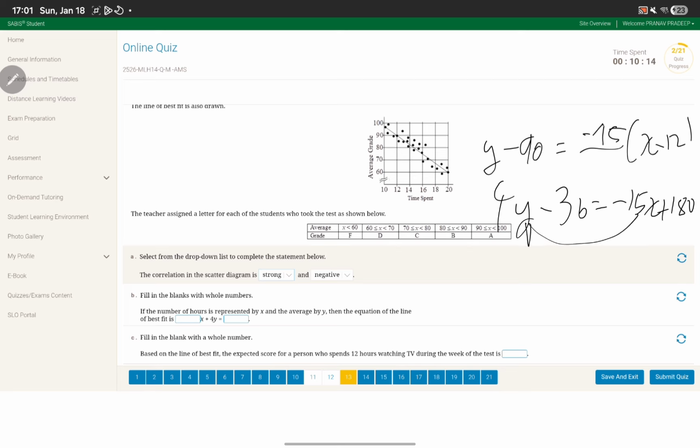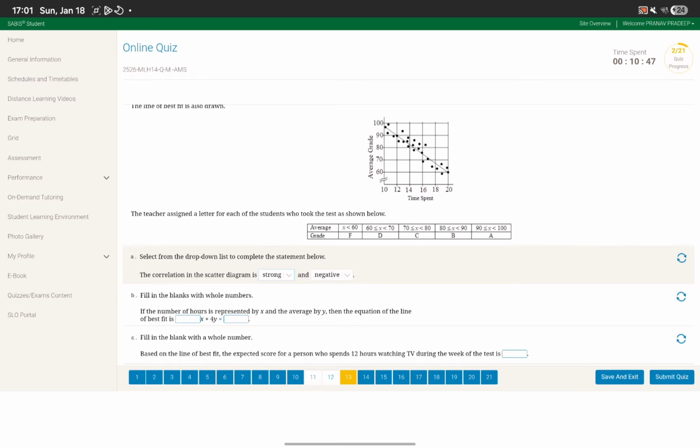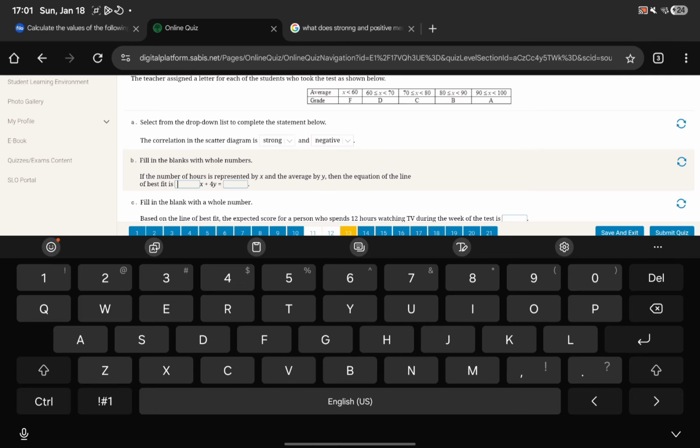And then if you put this to this side, that'll become positive 15x equals 180 plus 360. My bad, 90 times 4 is 360, so it becomes 540. Yeah, so that's it. Now the rest two questions are just easy. I'm just going to put the value.